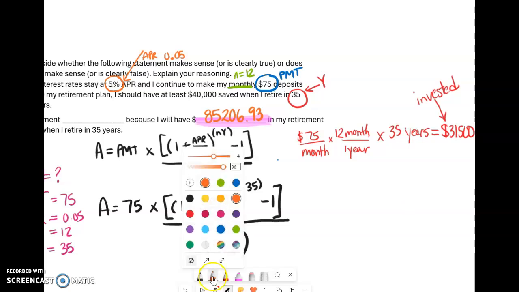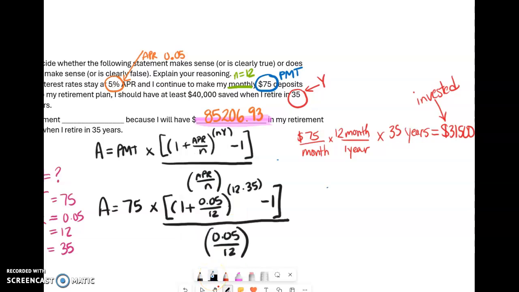Now, while you invested it, it was earning interest, and it grew the interest. So if the question asks what the interest was, you would take the total amount and you would subtract off the invested amount.